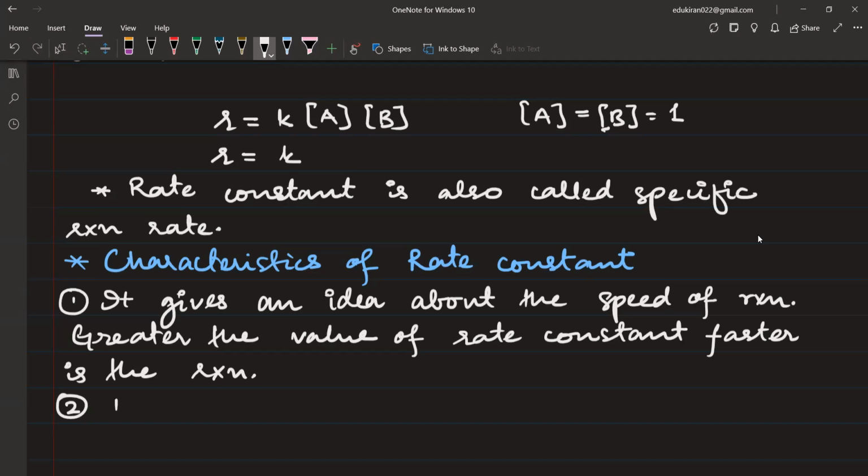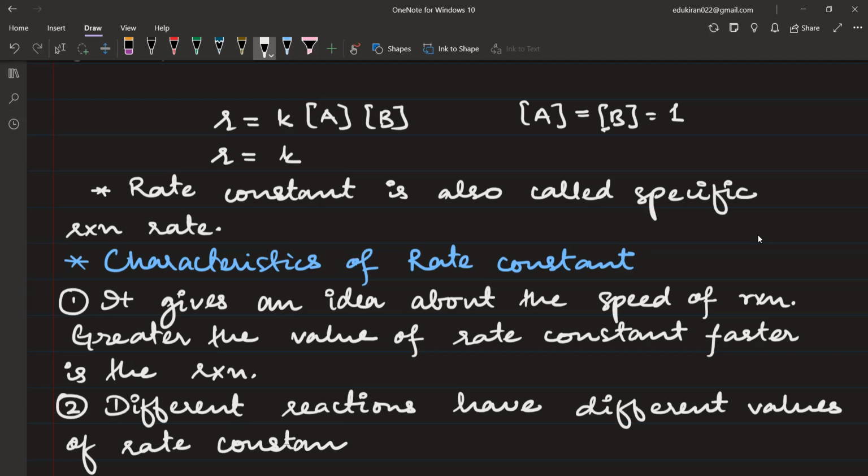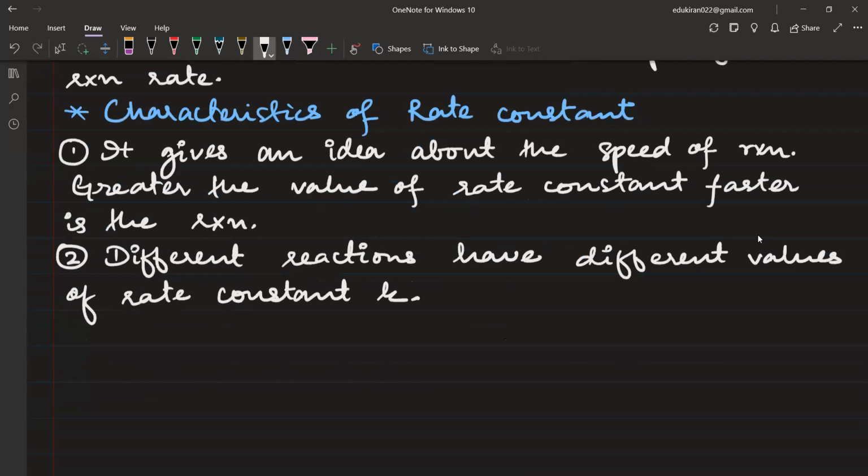Right, next. Different reactions have different values of rate constant K. Right, the third one.